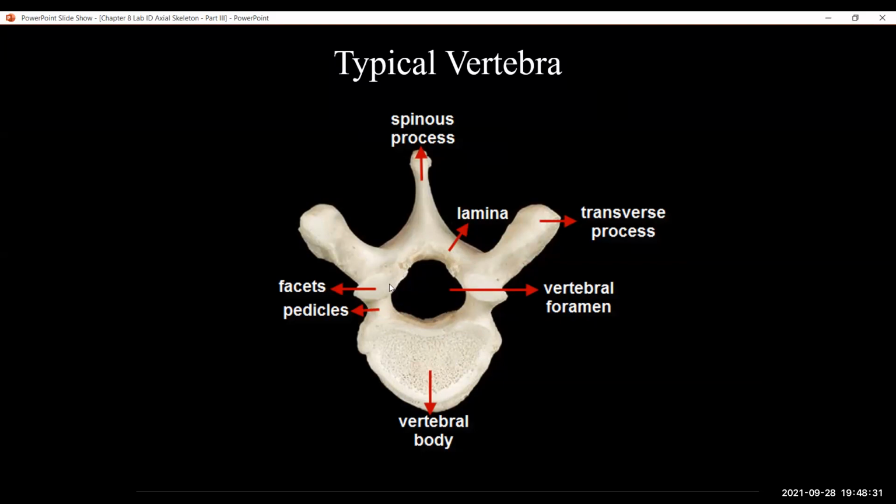And they make up the lateral boundary to the vertebral foramen. And then back here on the posterior and medial aspect of the vertebra, you have your lamina. The lamina are going to be located in between the transverse process and the spinous process. In fact, the left and the right lamina will fuse together and form the spinous process that comes off posteriorly.